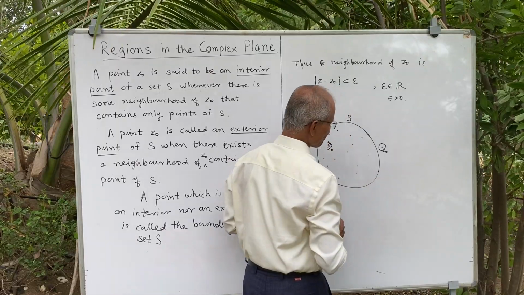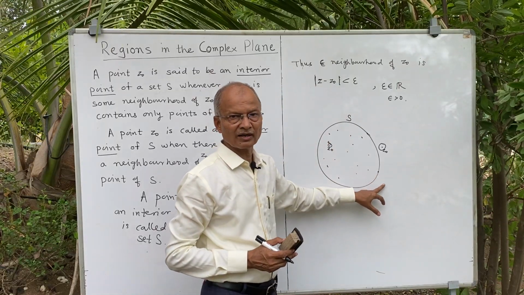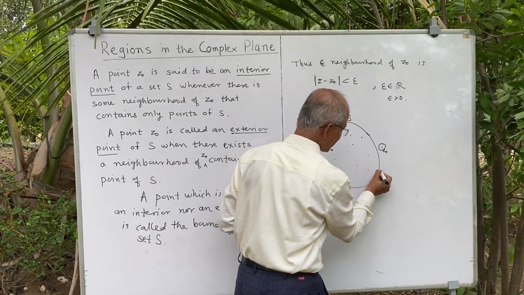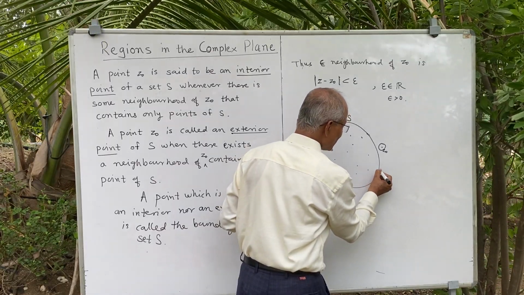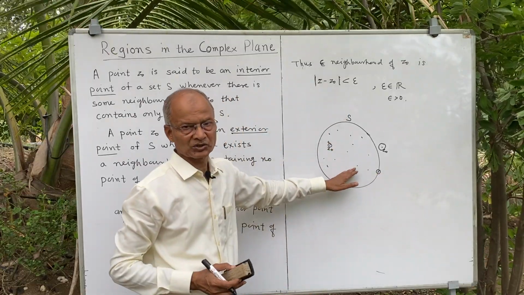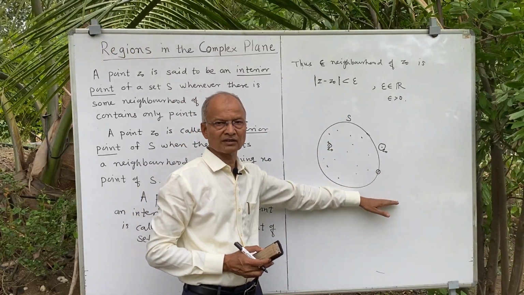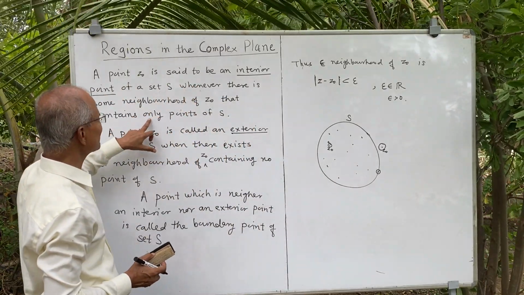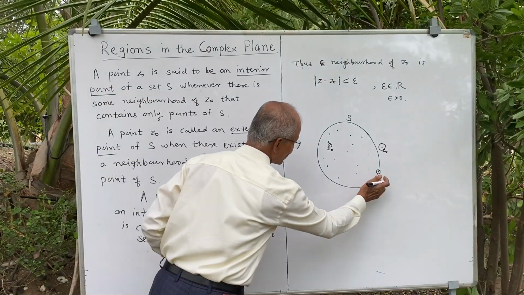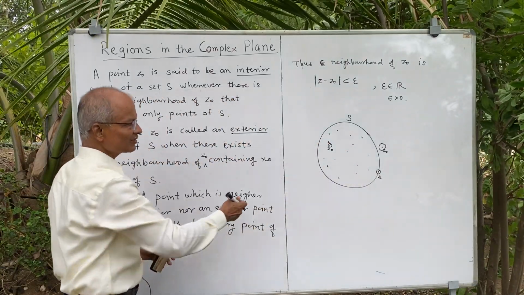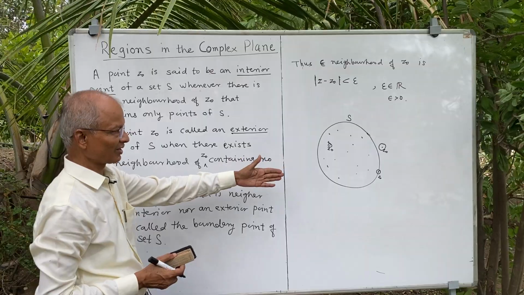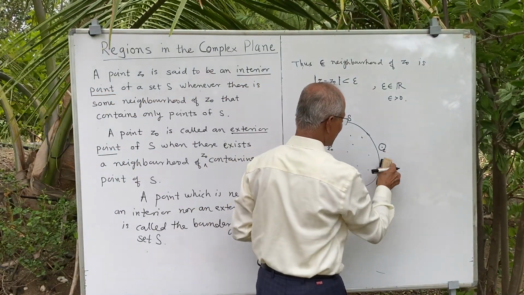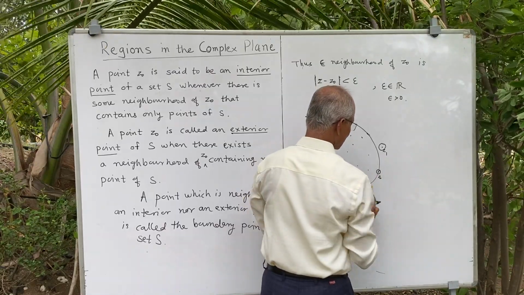See this point, it is neither an interior nor an exterior point, because if you consider an epsilon neighborhood of this point, however small it may be, it will not be entirely inside S, nor entirely outside the set S. That means this neighborhood does not contain only the points of S. Actually these are different points, and this may be considered as Z0, this is Z1, and this Z2.